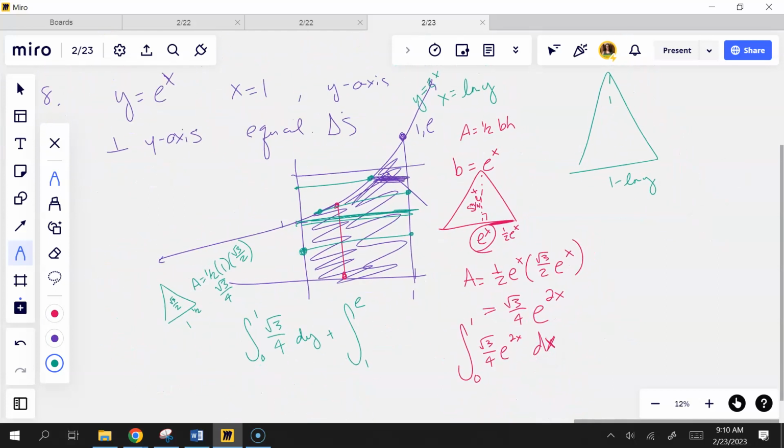Getting ahead of myself. So now if I cut it in half, here's my height. So my base is 1 minus log y. Half of this is the short side, so I need to multiply that by square root of 3 to get to the long leg, right? So the height is the square root of 3 times 1/2 times 1 minus log y.